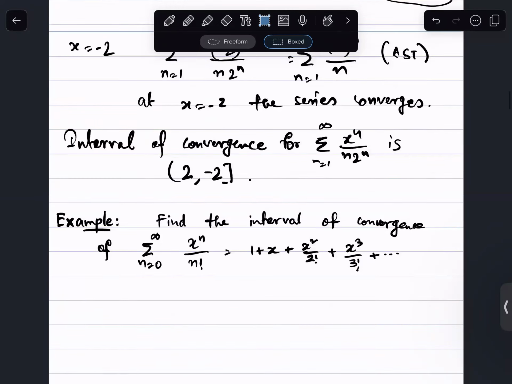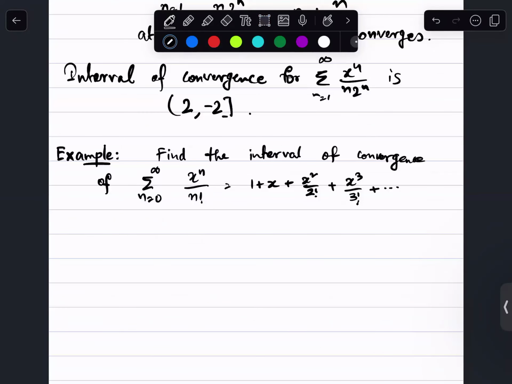Now let me solve the next problem where you are given this power series, which is x to the n over n factorial. Okay, and this series is quite important.